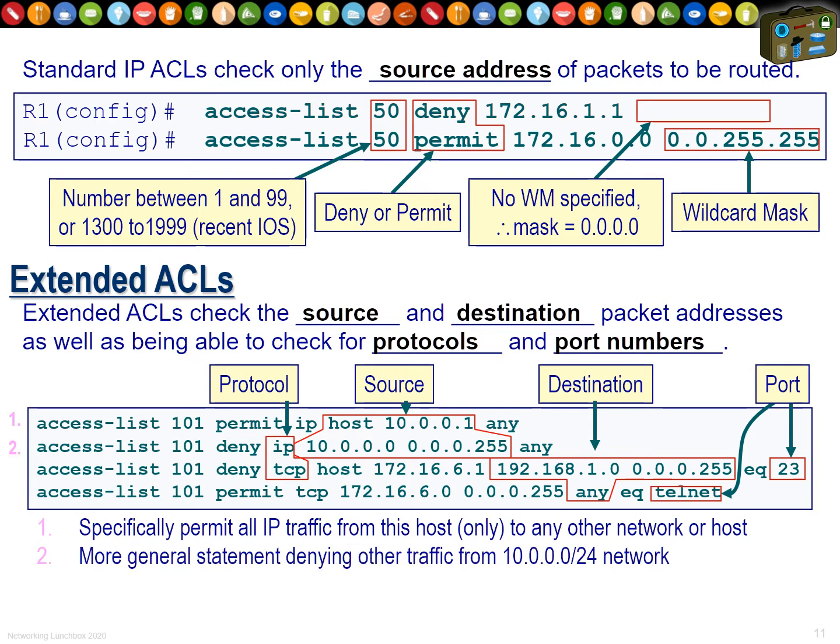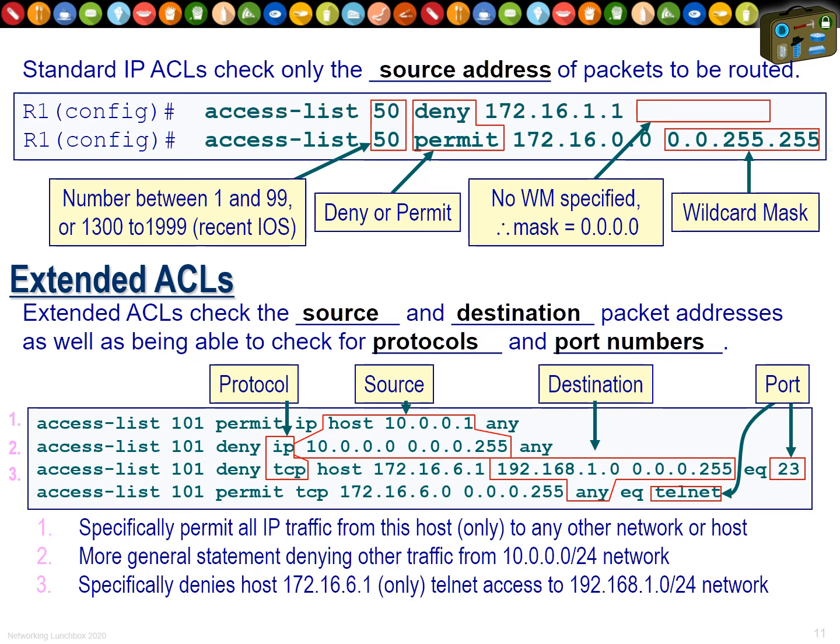The second line is a more general statement denying all traffic from 10.0.0.0/24 to anywhere. Bit aggressive, but that's what it's going to do. The third line specifically denies this one host, 172.16.6.1, on TCP only, from getting to the 192.168.1.0 network on port 23.